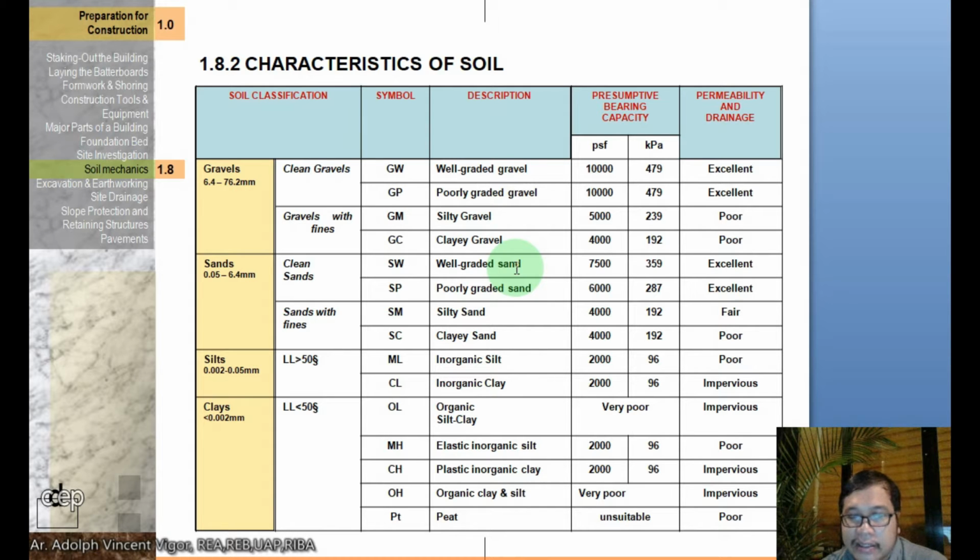I think you will need this data when you encounter engineering mathematics or architectural structures in your fourth or fifth year. You can already use this data to design the foundation.